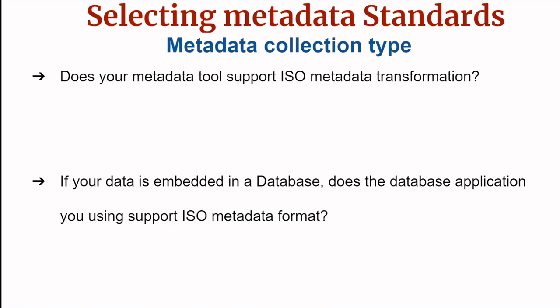FGDC metadata is quite common, and you can find it in many software. If you want to choose an ISO metadata, the question would come: does the tool you are trying to use to create your metadata support ISO metadata transformation? If yes, then you have an option to choose ISO metadata. But if no, then you are only limited to what the tool allows you to use.